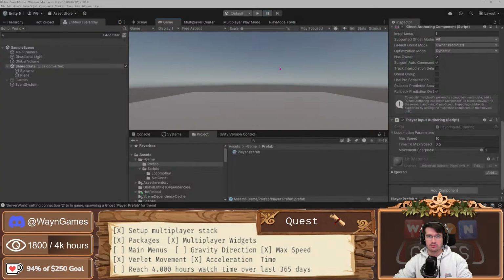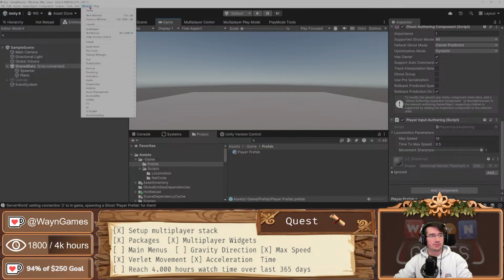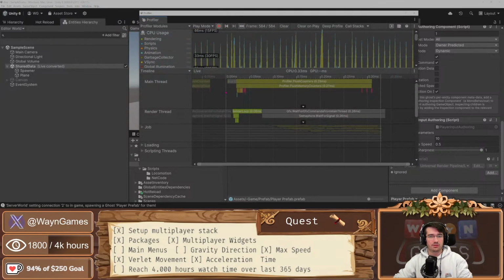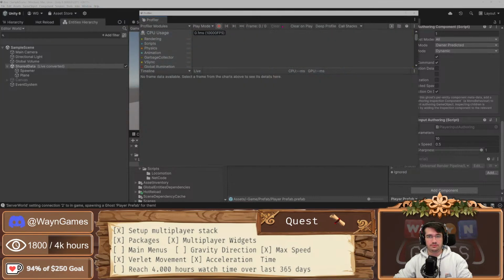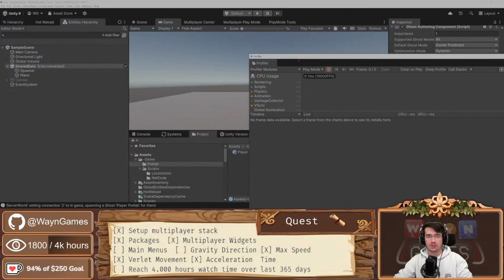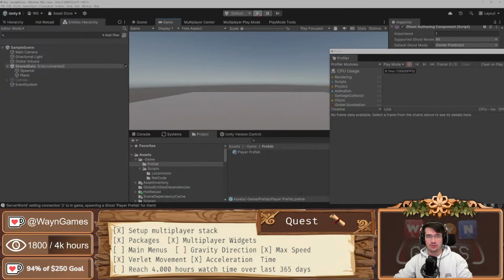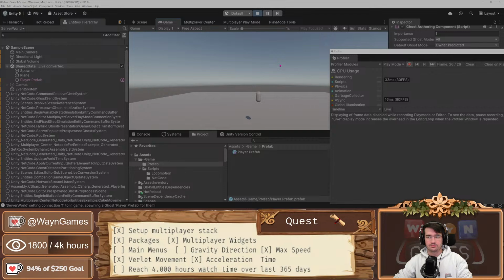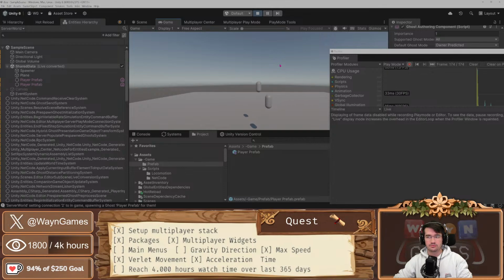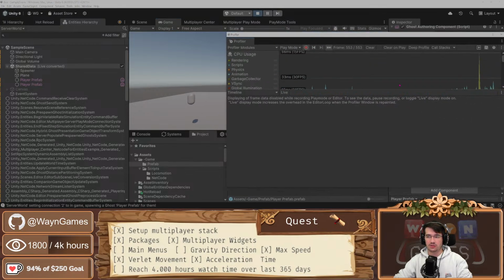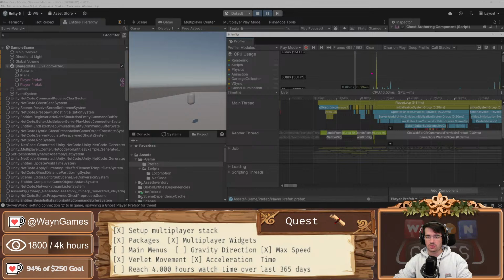Let's stop. Close the profiler. Yes, let's open again the profiler. Clear. And start again. And now it's smooth. And there is no spike, or not as much spike.